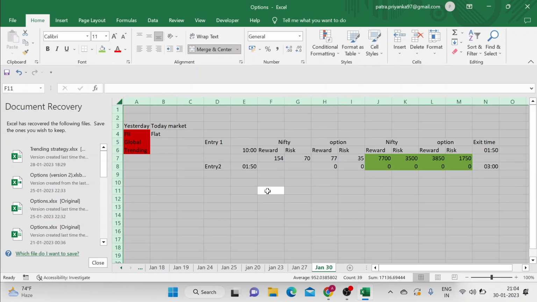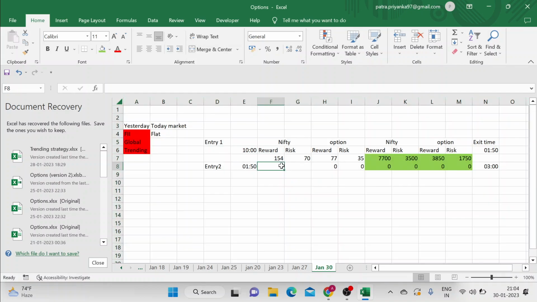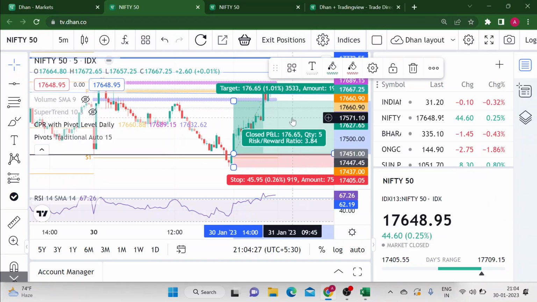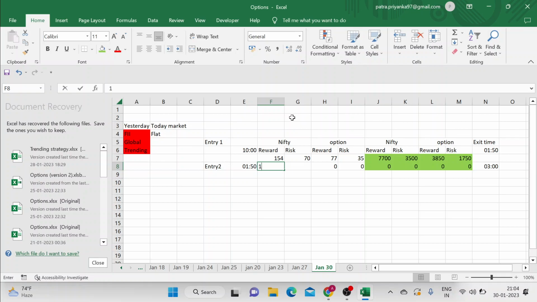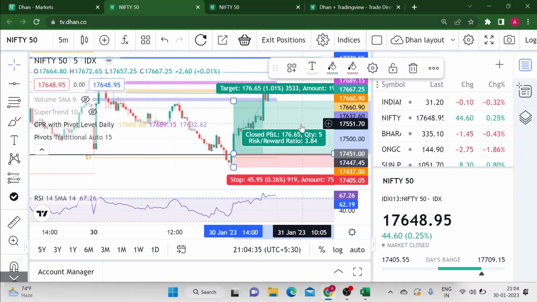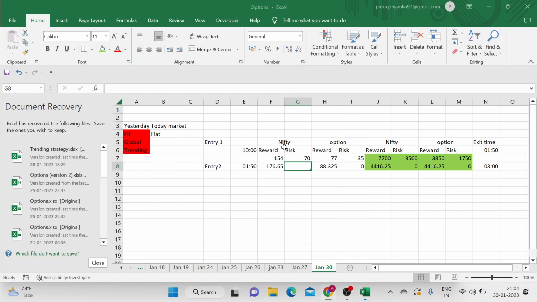And we will see how much points we got. So for reward, we are getting 176.65, and we are putting the risk of only 45 or 46, you can put 46.